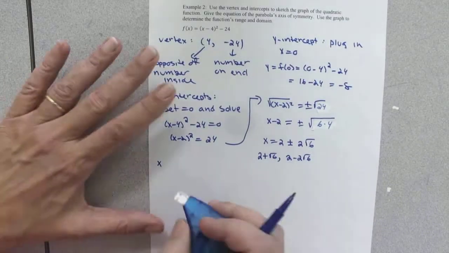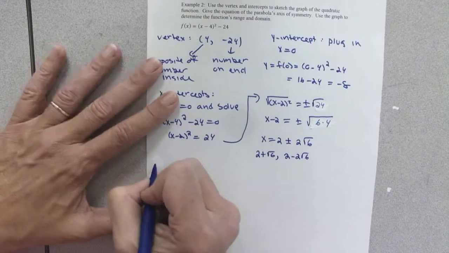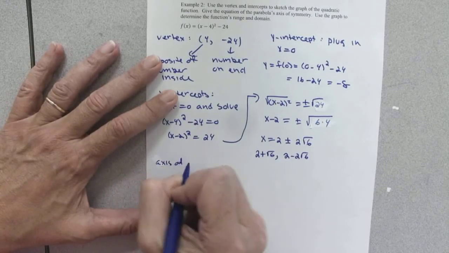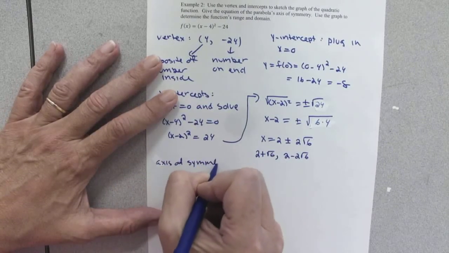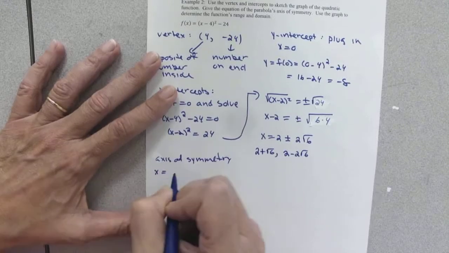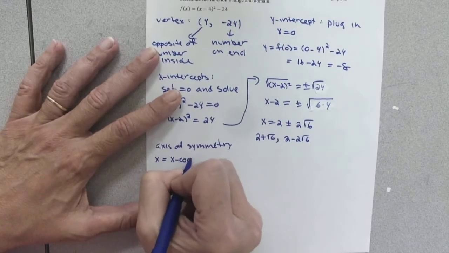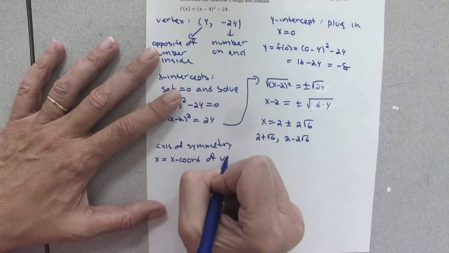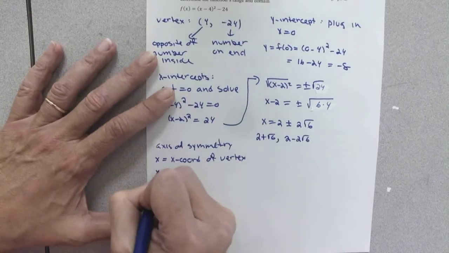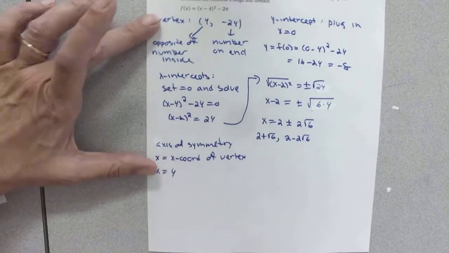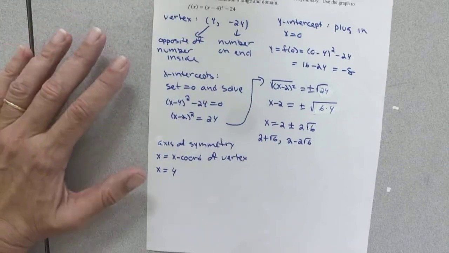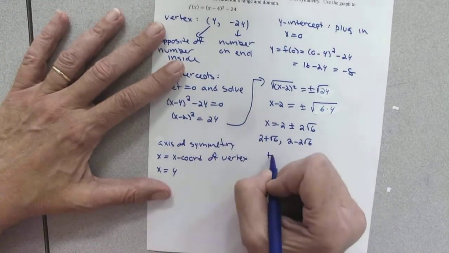The axis of symmetry is always x equals the x coordinate of the vertex. So in this case, x equals 4. My vertex was 4, so my axis of symmetry is 4.